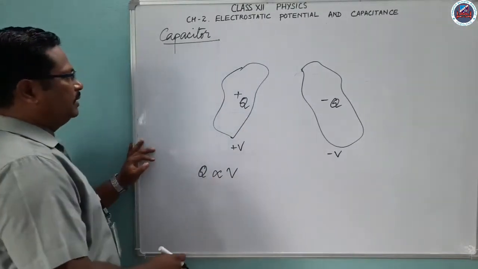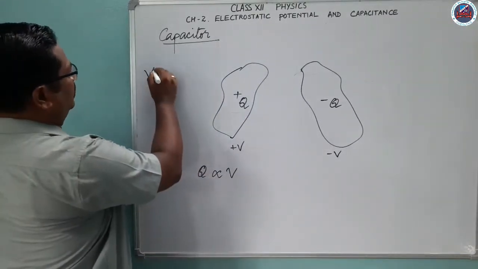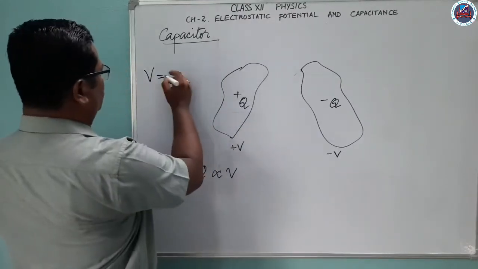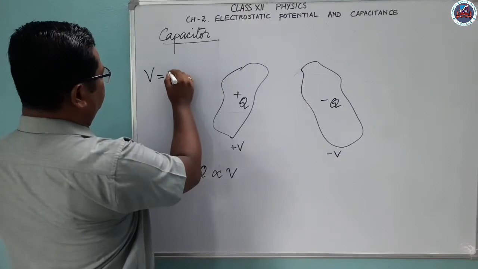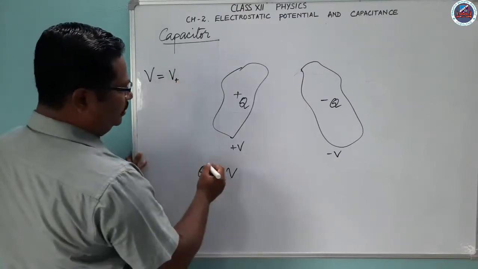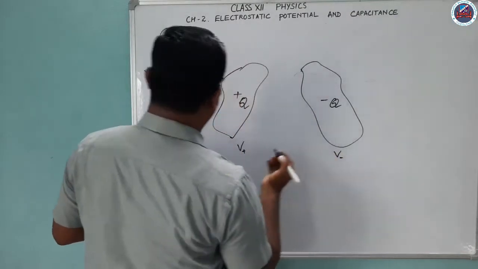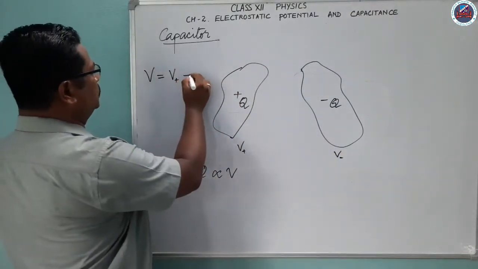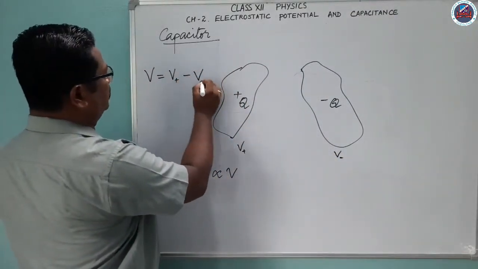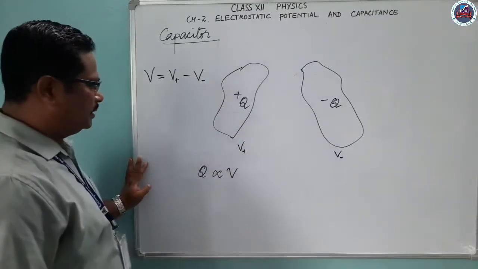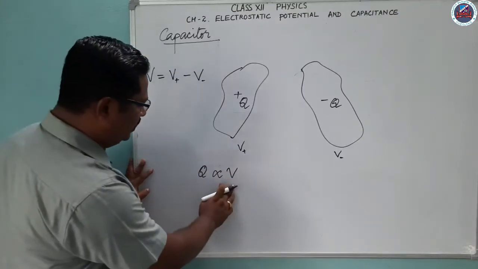The potential of the positive plate is V plus and of the negative plate V minus. The difference between these two potentials, we call the potential difference between the two plates, which we write as V.